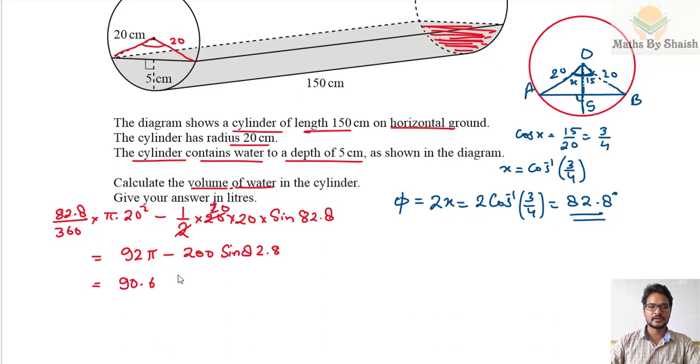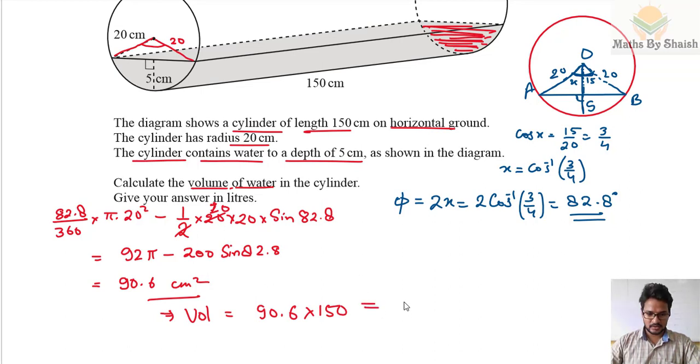So the area becomes 90.6 centimeter squared, and hence the volume of water becomes 90.6 into 150, because that's the length.